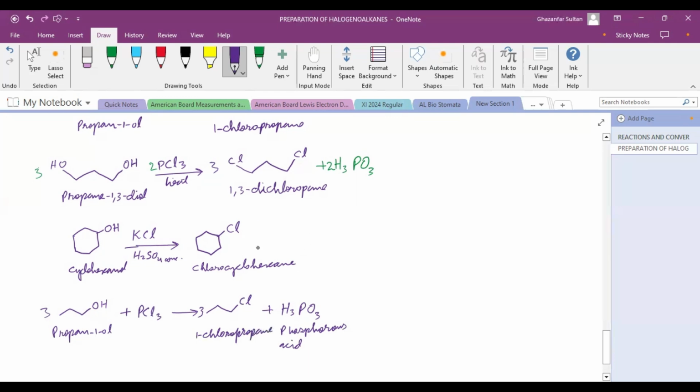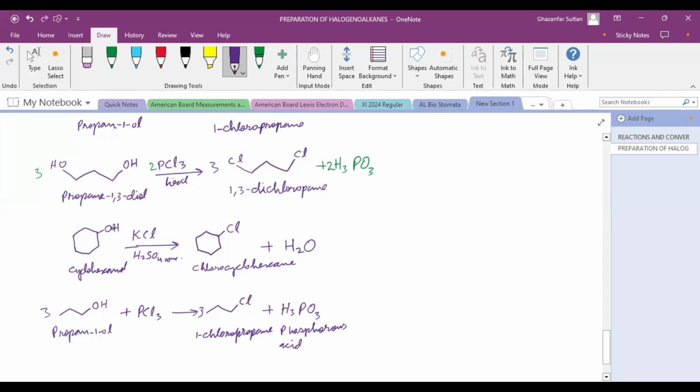Okay, now the case where KCl is there, it produces its respective halogenoalkane. So the byproduct is water. If you balance this equation, you can understand that it is already balanced, because one hydrogen from HCl and one hydrogen is already there.